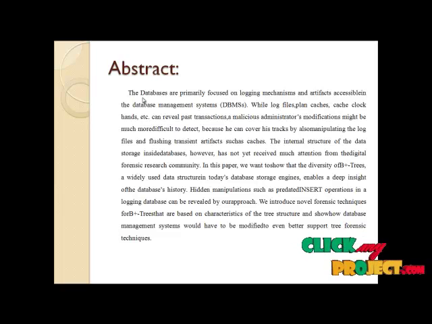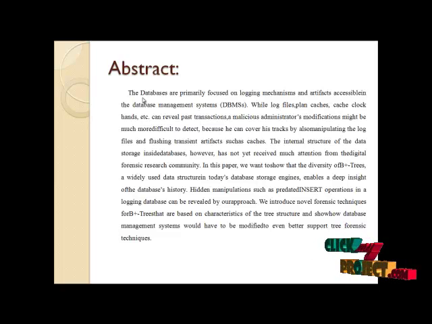The internal structure of the data storage inside the database, however, has not yet received much attention from the digital forensic research community. In this process, we want to show that the diversity of B plus trees, a widely used data structure in database storage engines, enables a deep insight into the database history.